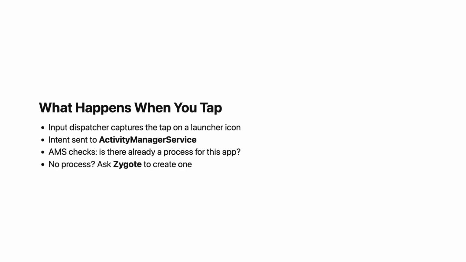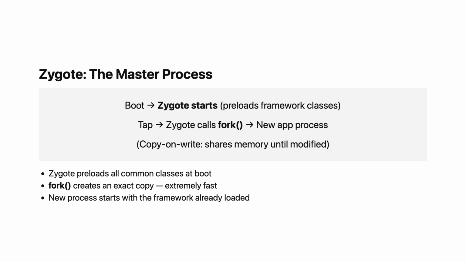Creating a process from scratch, loading the entire Android runtime, preloading thousands of framework classes, setting up the graphics system takes a long time, so Android does all of that once at boot in Zygote. Zygote preloads every common class, every common resource, everything apps typically need.